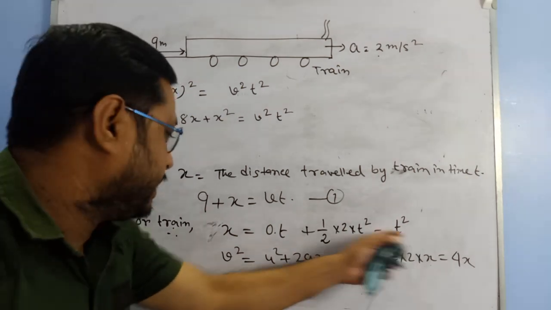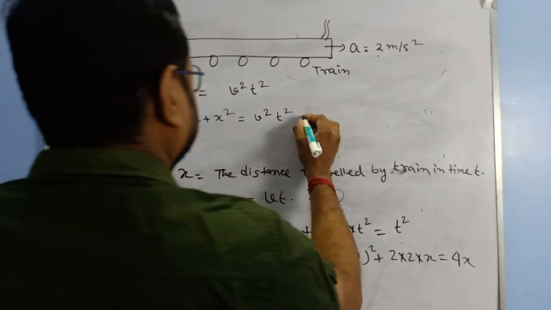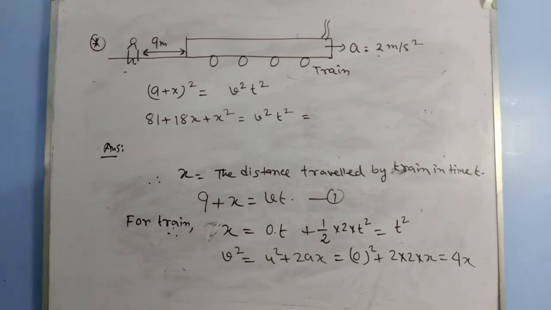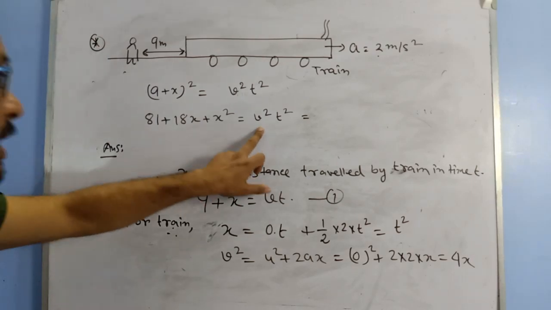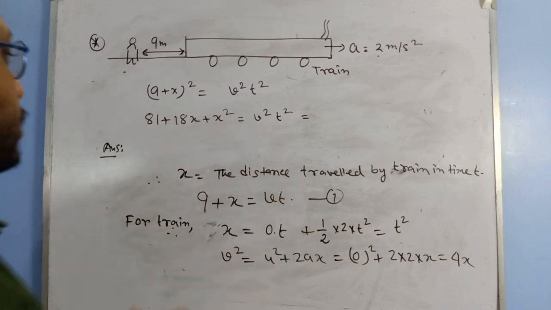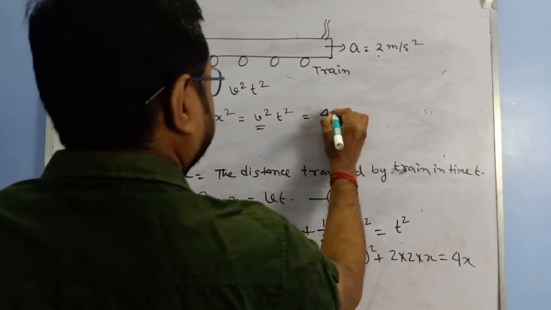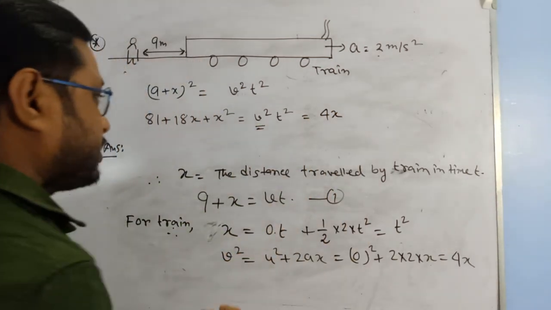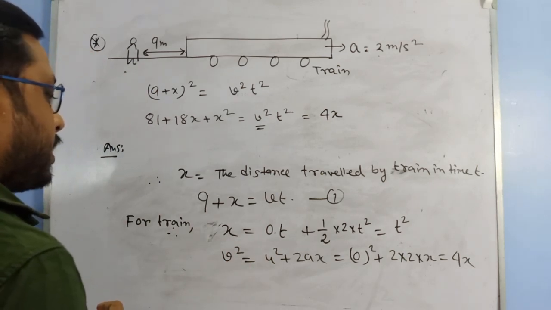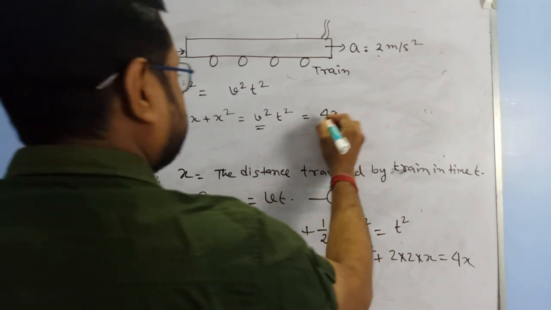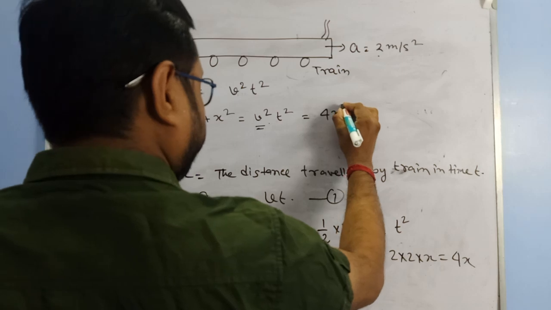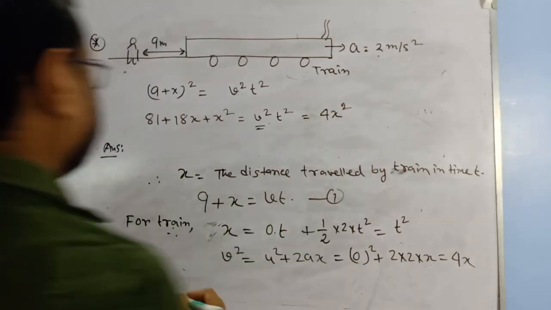Now we have t square equal to x and v square equal to 4x. So in place of v square you can write 4x, in place of t square we can write x, that is 4x into x equal to 4x square.